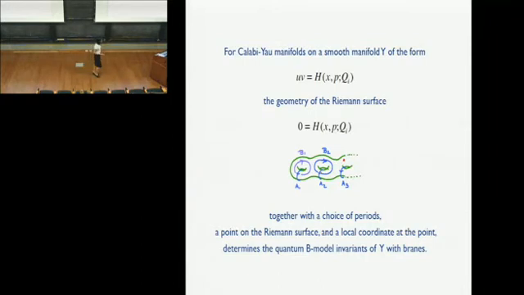But this data, once you're given it, determines all the quantum invariants. There is no additional information for the purposes of distinguishing manifolds with branes beyond that encoded in this classical geometry.